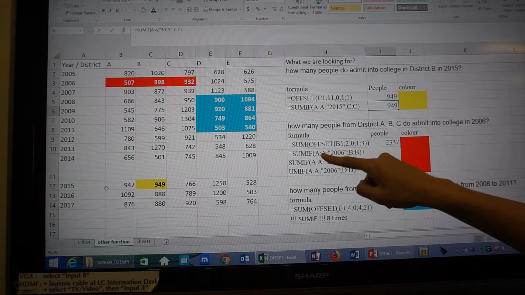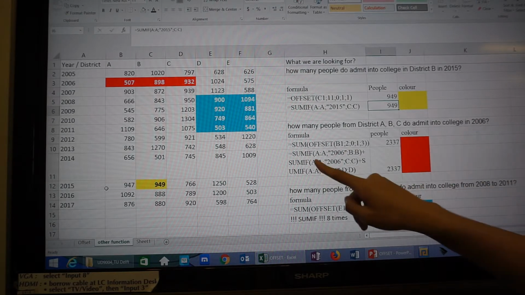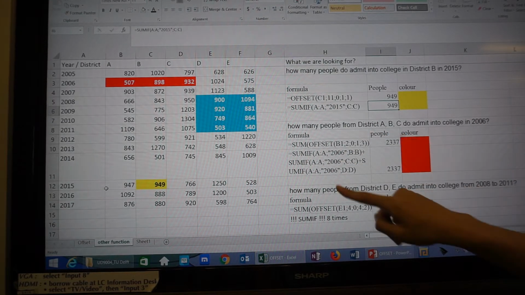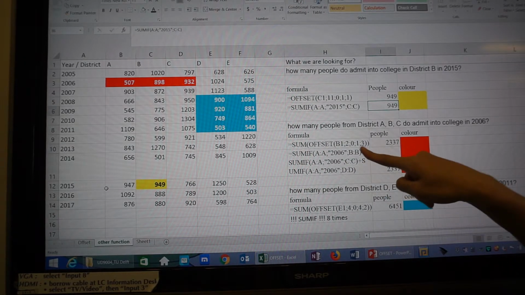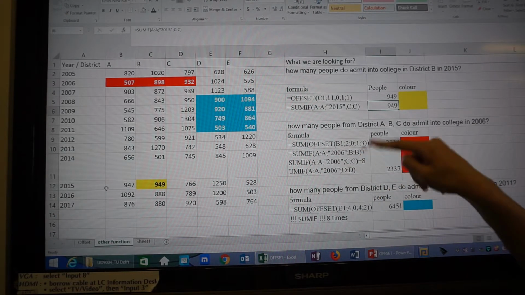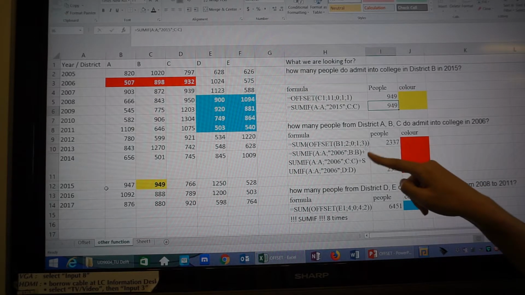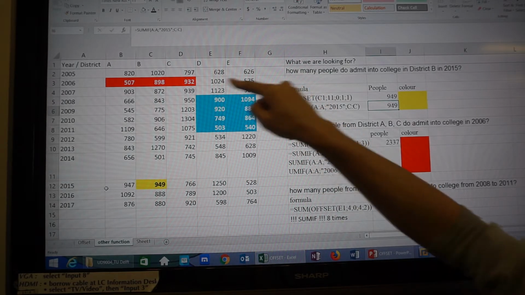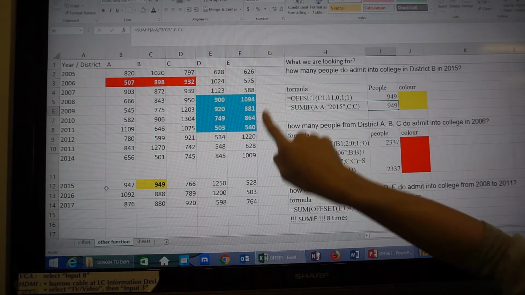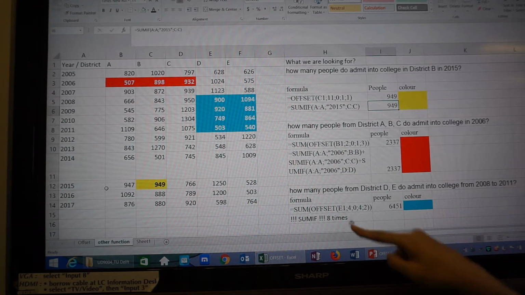For example, the first one is locating the data of District A in 2006, and the second one is for District B, and the third one is for District C. So why don't we use the offset function to perform this kind of locating in the spreadsheet instead of doing it manually? And if we are going to add up all the 8 cells here in blue, it is a disaster. We need to do it 8 times.